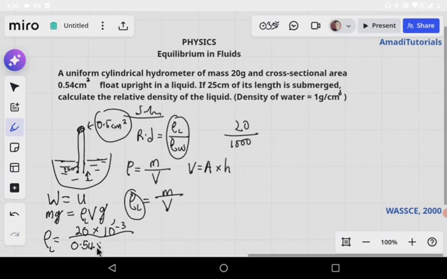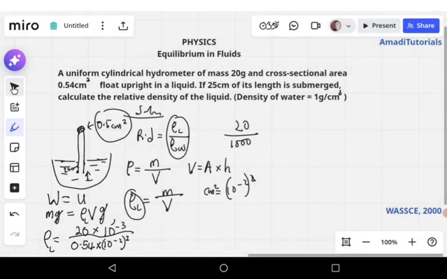So to convert it to meter, we multiply it by 10 raised to the power minus 2. Cm means centimeter means 10 raised to the power what? Minus 2. But however, we are going to square this 10 raised to the power minus 2 because it is cm squared. Cm squared. That means you square whatever you have there.